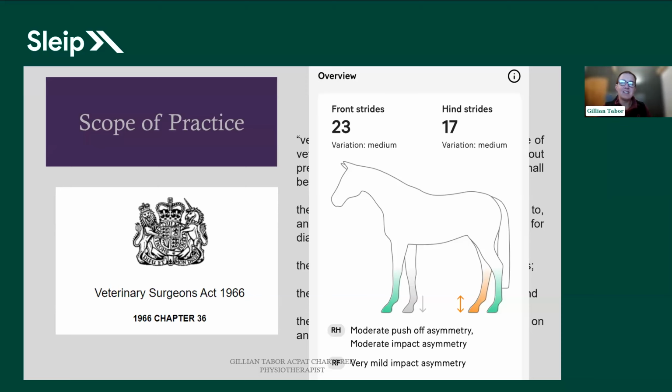So if anybody has kit like this, and it's not just Sleip, it could be any of the technologies, and they are providing a diagnosis, then they are working incorrectly. And I don't think having access to these tools should change that. We should all decide who we want to work with and make sure that we are working correctly.